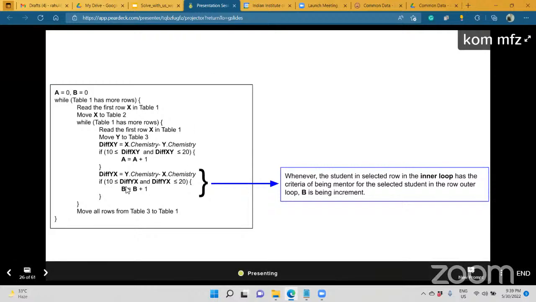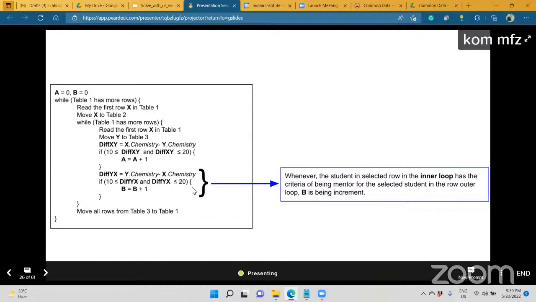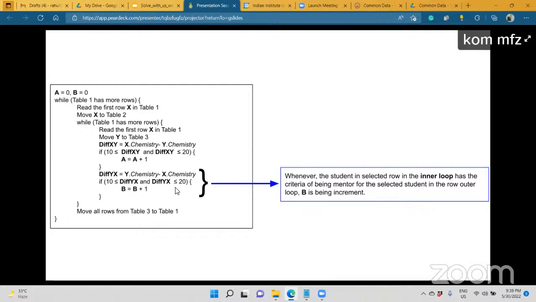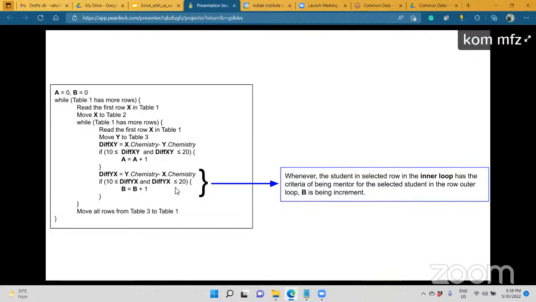B is when YX is from 10 to 20, right? Y comes after X, but here we are considering it for the study pair YX, not XY. And A plus B will represent the total number of study pairs in the data set.